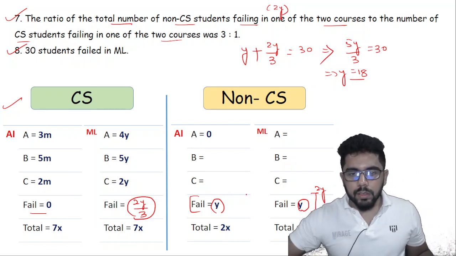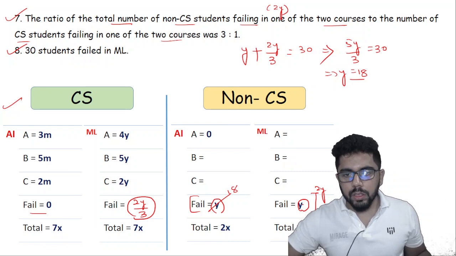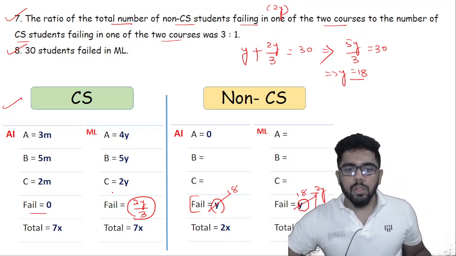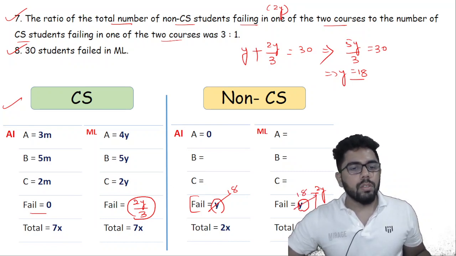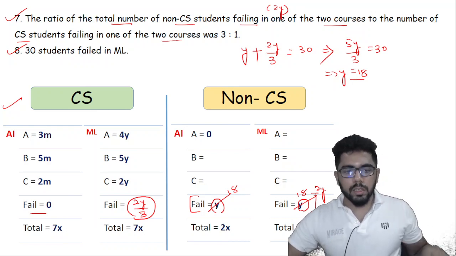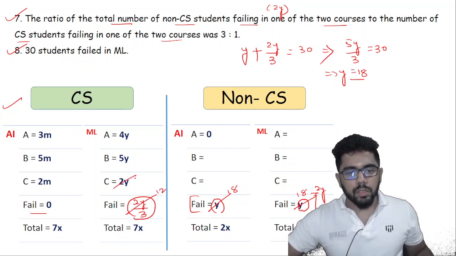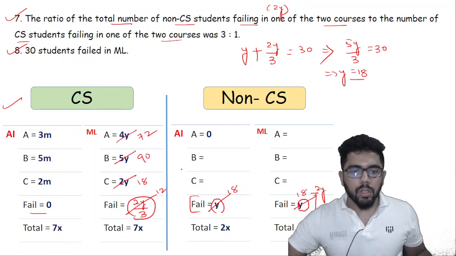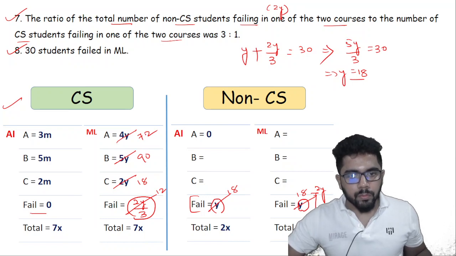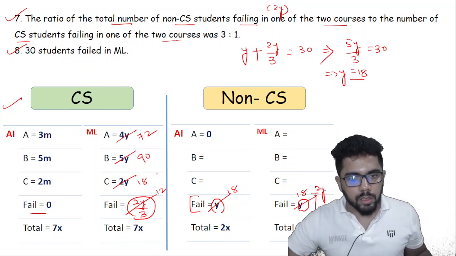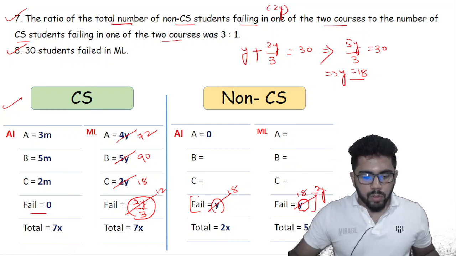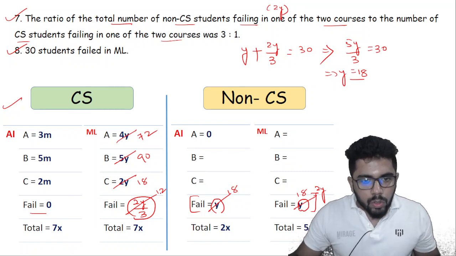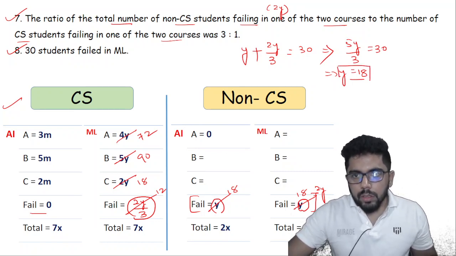So if y is 18, this thing is also 18. 2 into y is 36, by 3, this thing is 12. This is 18. 5 into y is 90. 4 into y is 72. So I'll get the total number of people now. 2y is 18.